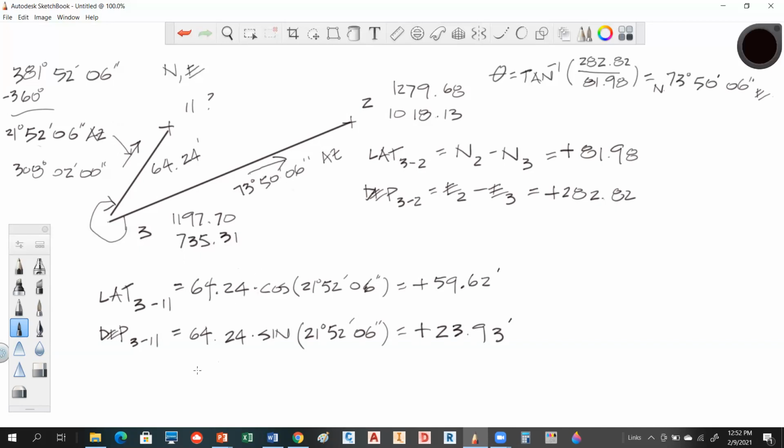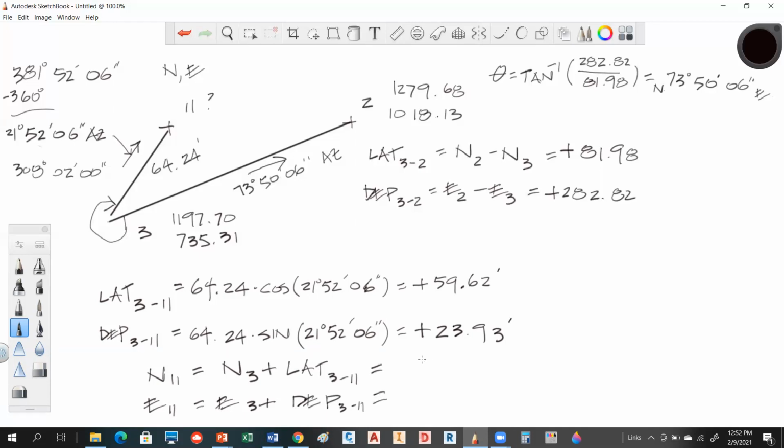You would add them to the existing coordinates of 3. Right, so the northing of 11 is equal to the northing of 3 plus the latitude from 3 to 11. It's pretty logical. And the easting of 11 is the easting of 3 plus the departure from 3 to 11.